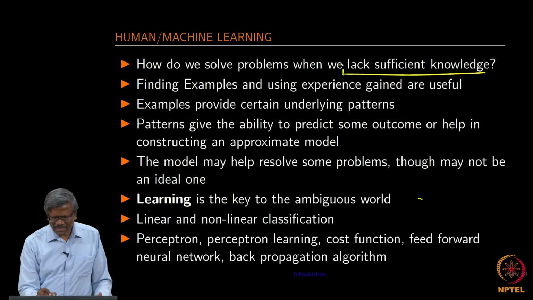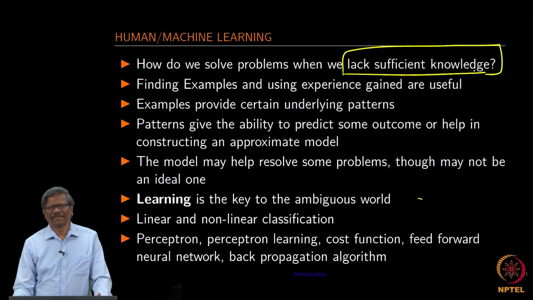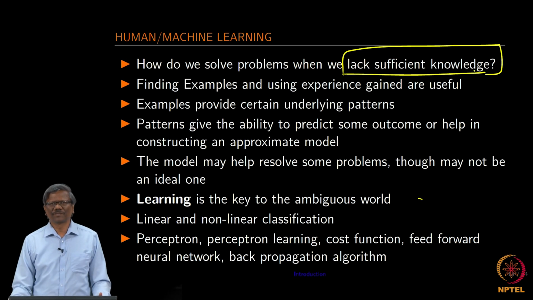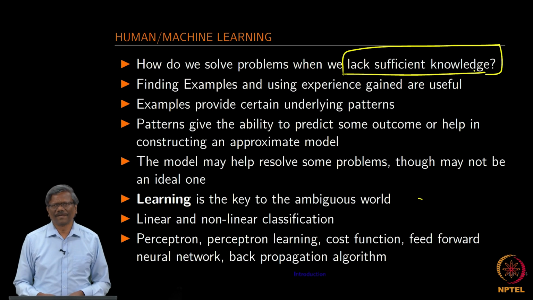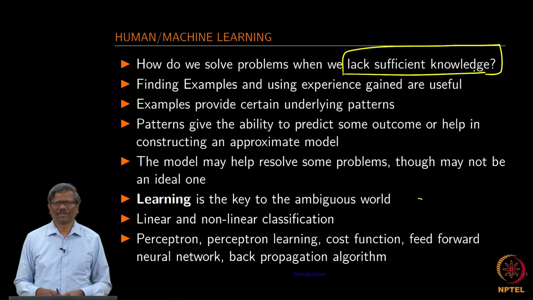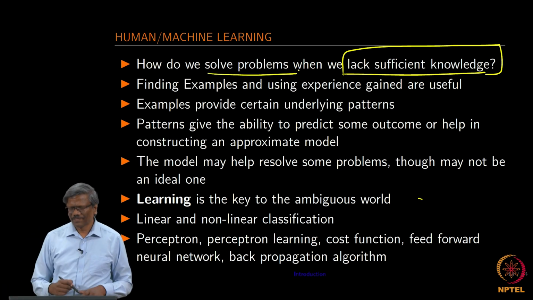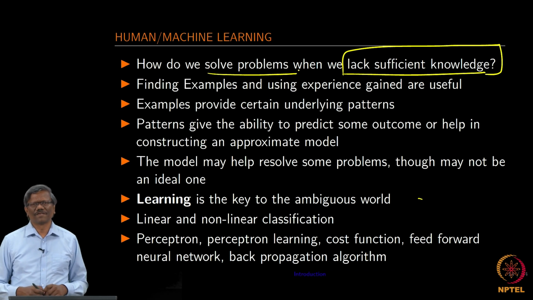So, we always lack sufficient knowledge in order to feed into the system. It is very difficult to get everything that is possible as a knowledge and then feed it as part of the knowledge base into the system. So, how do we solve problems when we really lack sufficient knowledge?